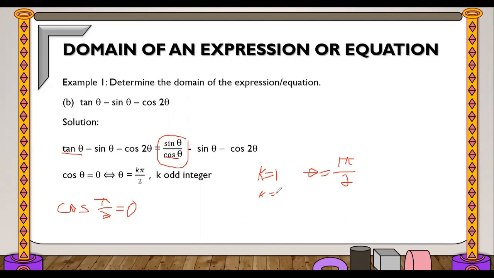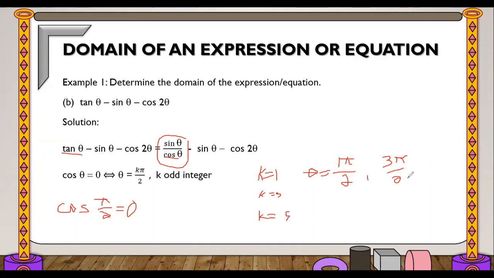Diba? K equals 3. So, ganun din, magiging 3 pi over 2. So, sa 3 pi over 2, 0 pa rin ang ating cosine theta. Susundan ng 5.